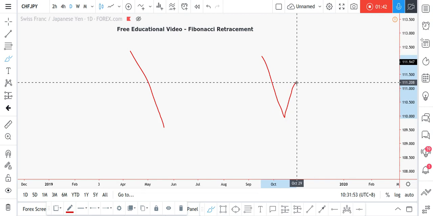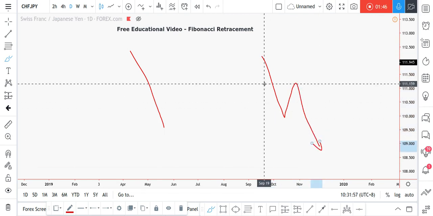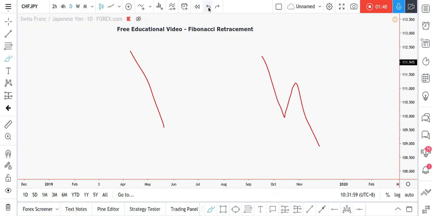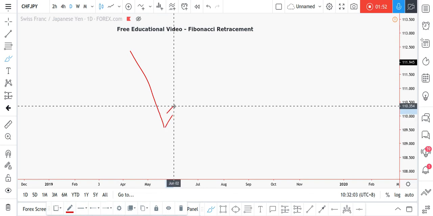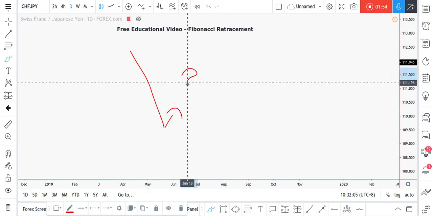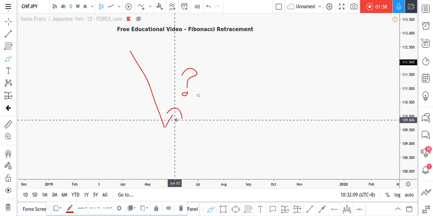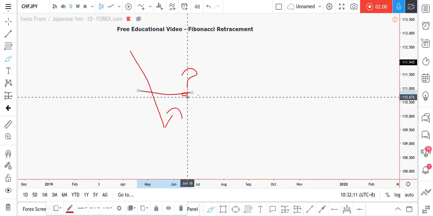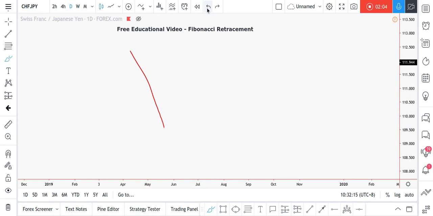Once the retracement is finished, then we can find further continuation to the downside. So we are waiting for a retracement to a level on the Fibonacci retracement that we can use to take this pair to the downside.